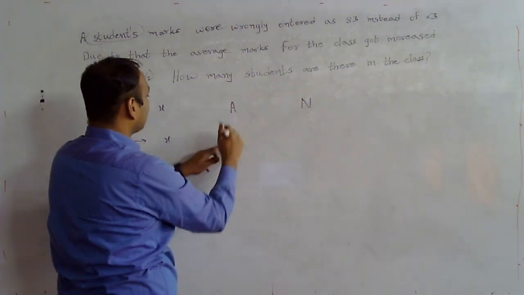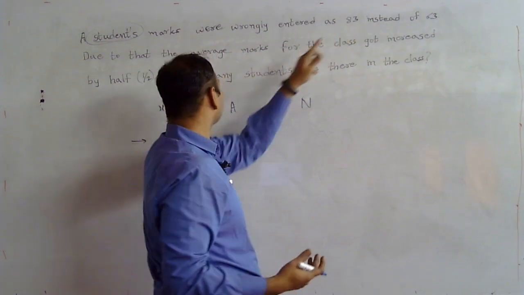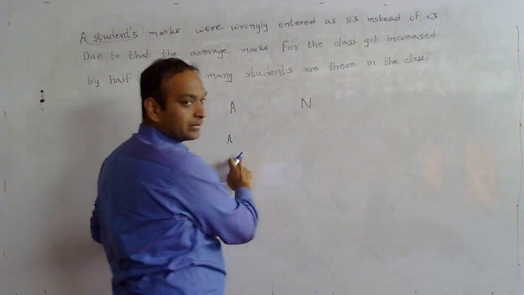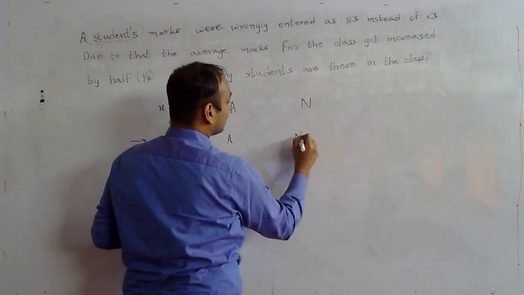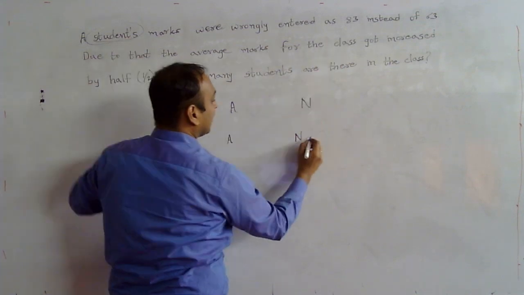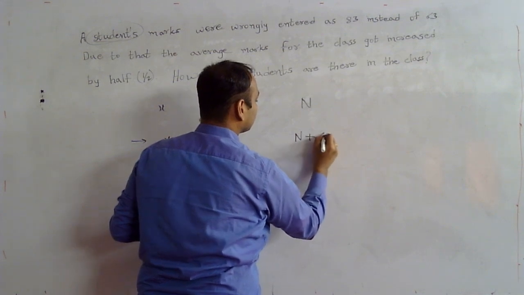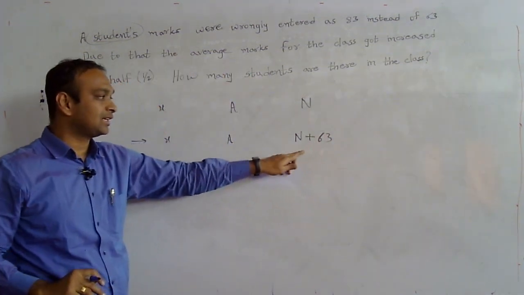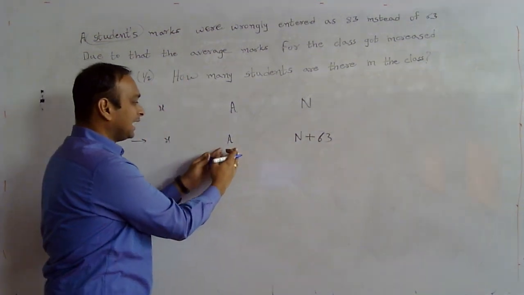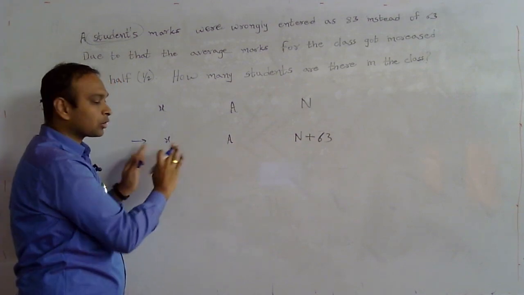The average is going to remain as it is, since in case of the 83 mistaken marks it is going to increase by half. N is the total of all the marks of students excluding this particular student, and including this particular student it will be N plus 63. So N plus 63 is the total marks of all the students, A is the actual average, and X is the number of students.